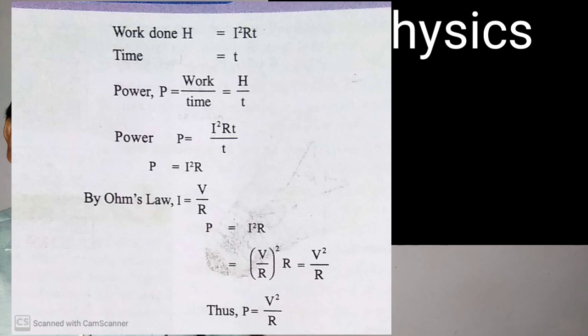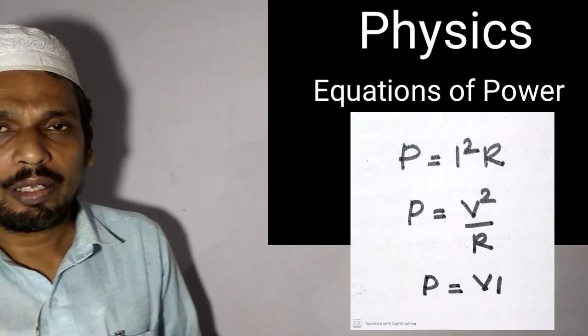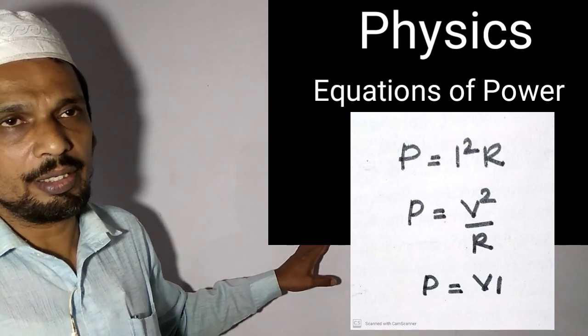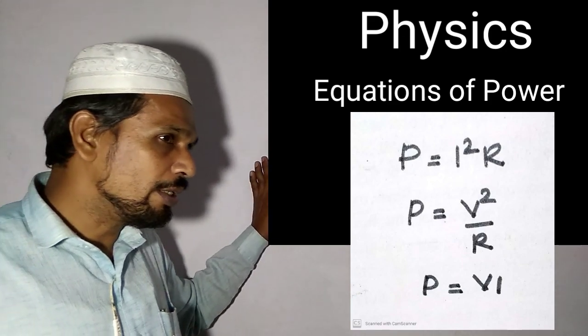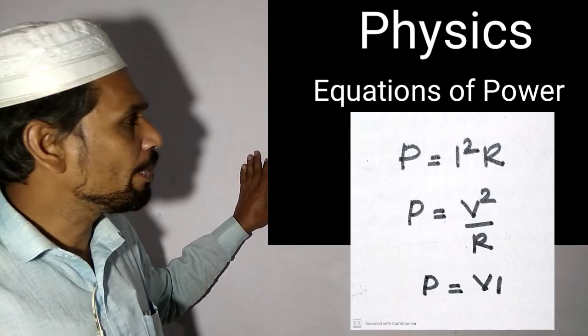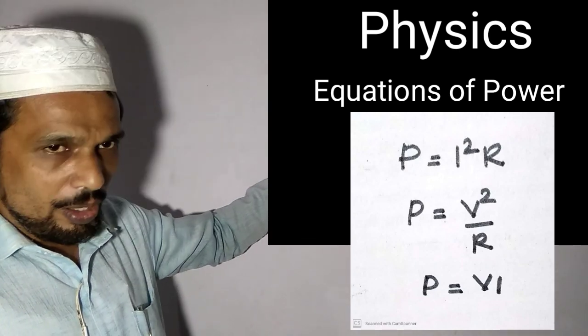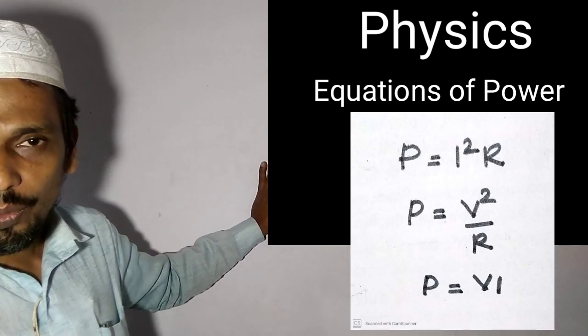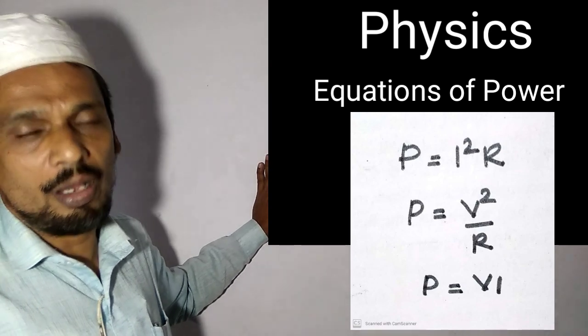According to Ohm's law, we get R = V/I. By using this equation, we can rewrite it also. We get P = V²/R and another equation P = VI. So in total we get three equations: P = I²R, P = VI, and P = V²/R.